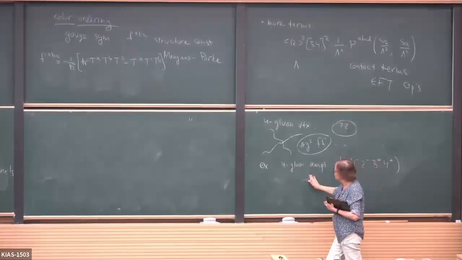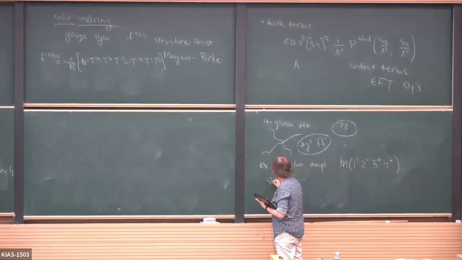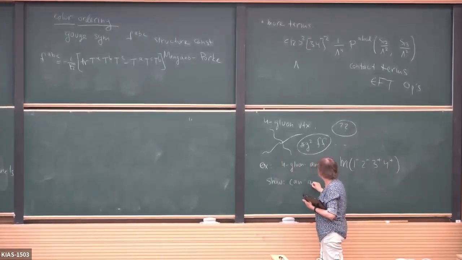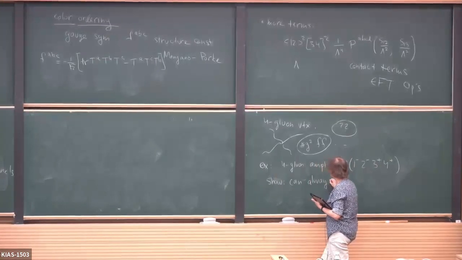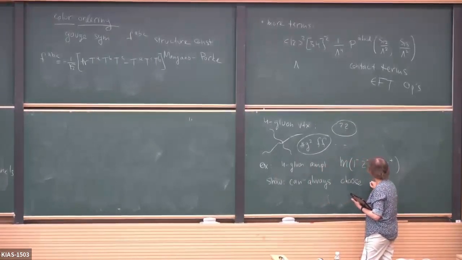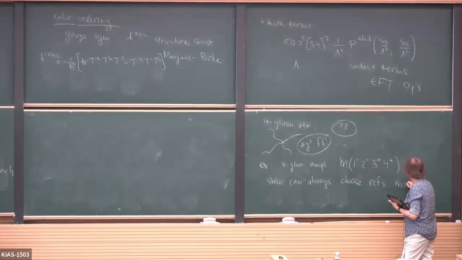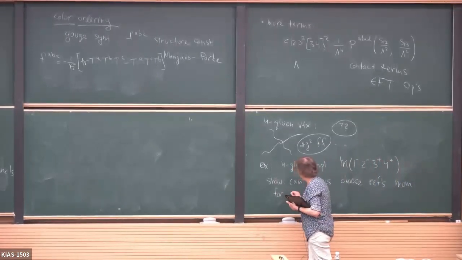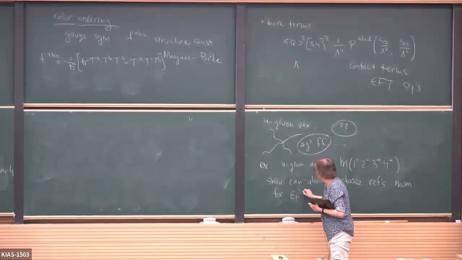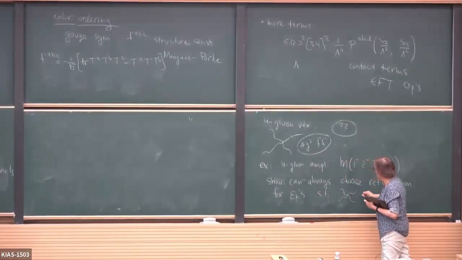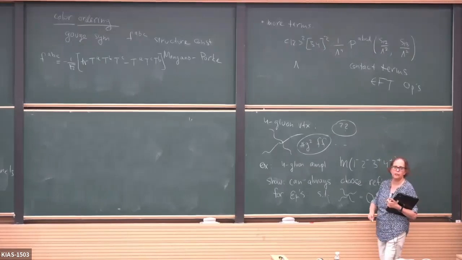And I want you to show that you can always choose the reference momenta for the polarization vectors, for the epsilon^μ's, such that this vertex always vanishes.